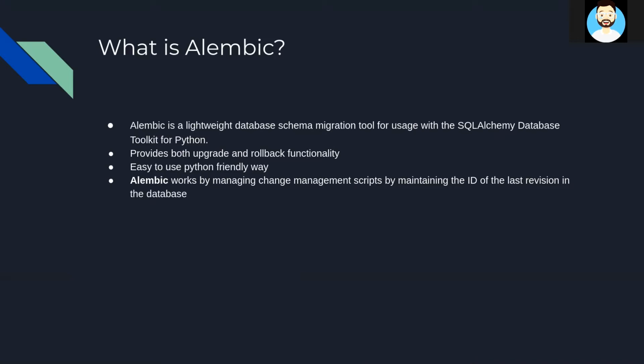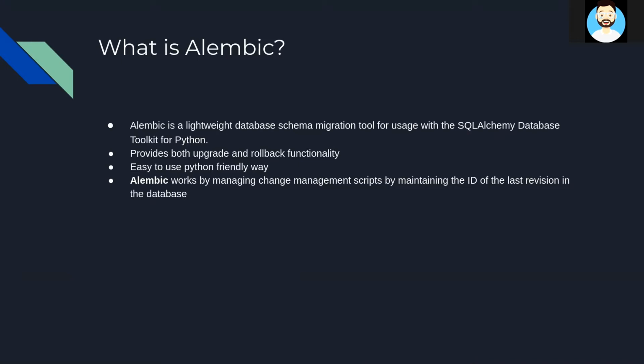Now, how Alembic works is, if you need to create or modify a table or perform some operation on a table, you create a new revision for that operation. That new revision will be attached with a revision ID, which will be maintained in the database where you are trying to perform the revision.